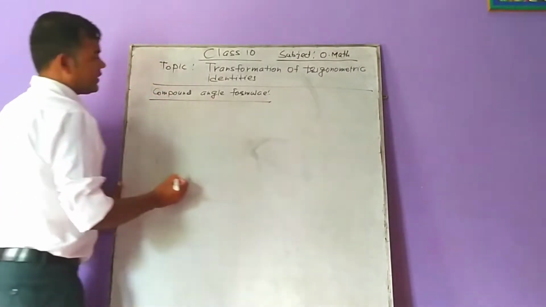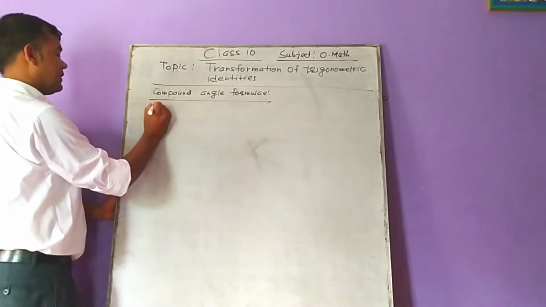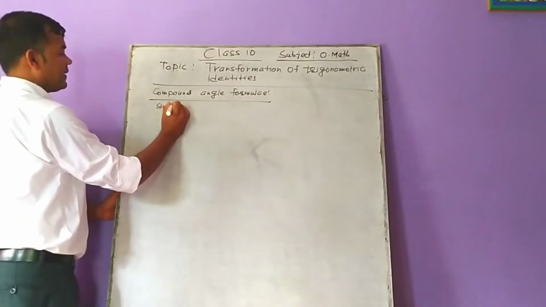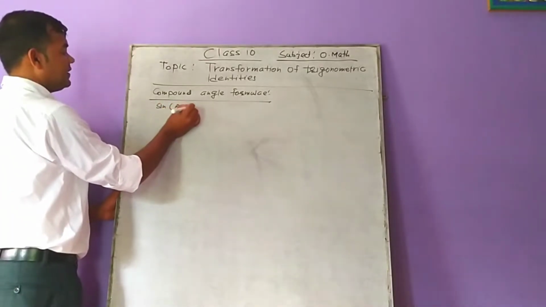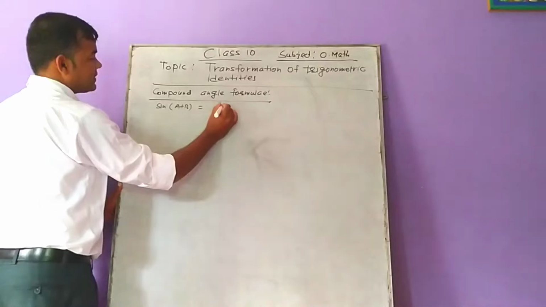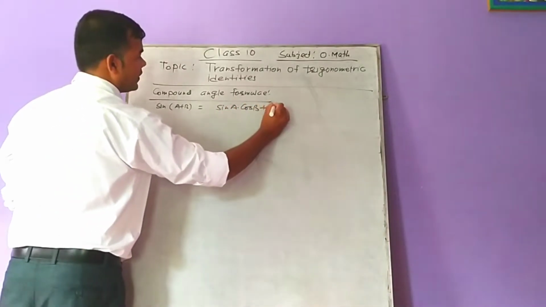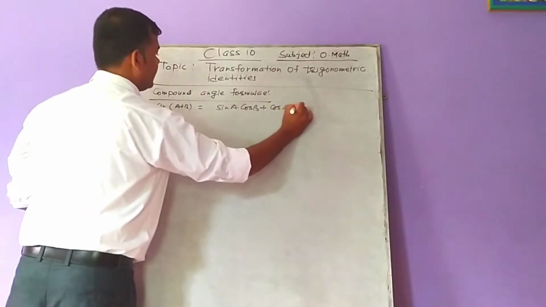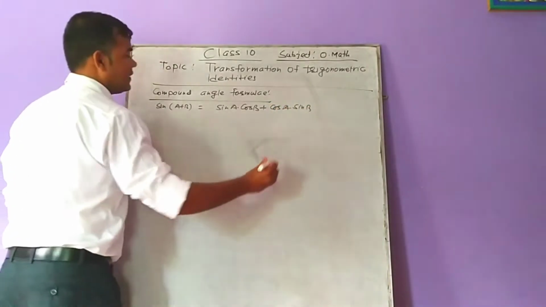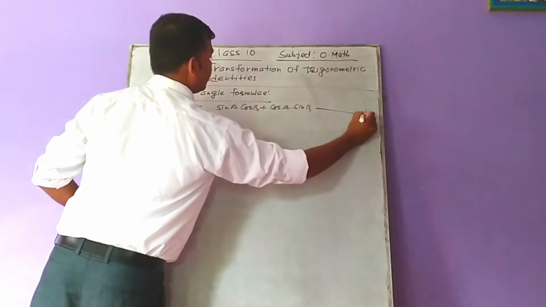In class 9 what we have studied: sin(A+B) = sin A cos B + cos A sin B. Suppose it is identity number 1.